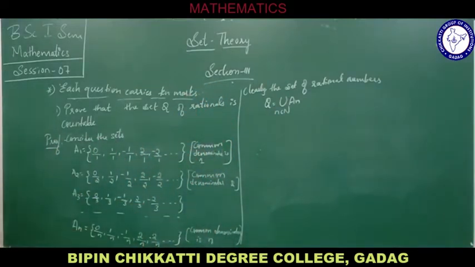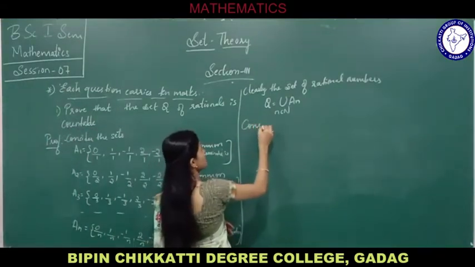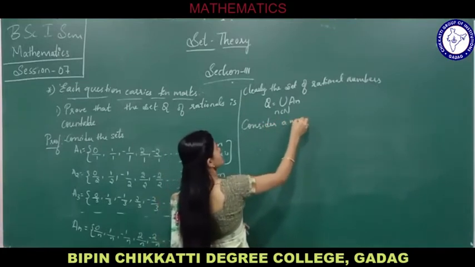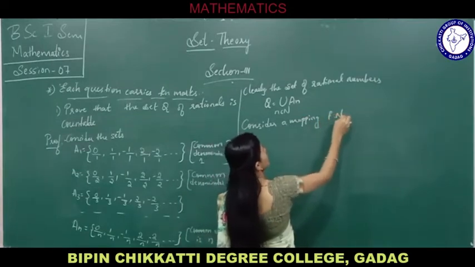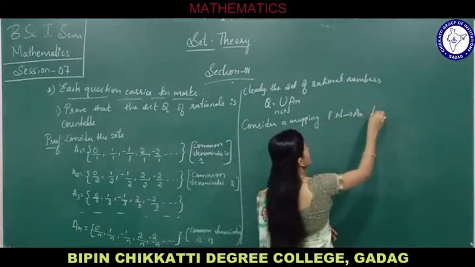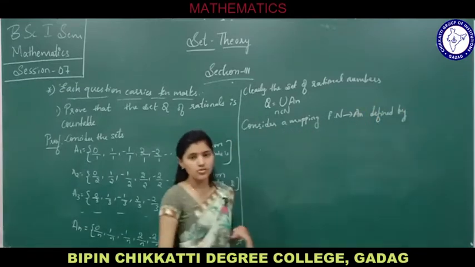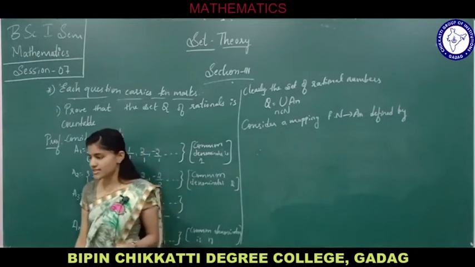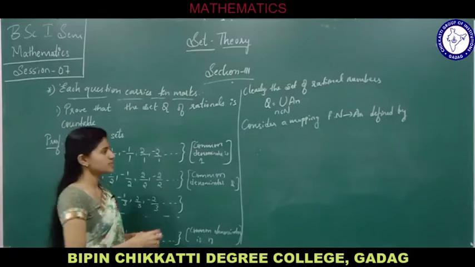If so, what is going to happen next? We are going to consider a mapping f from N to An. What we are going to do now? Consider a mapping f from N to An defined by what? We are going to define two functions, one for odd numbers and the other for even numbers.